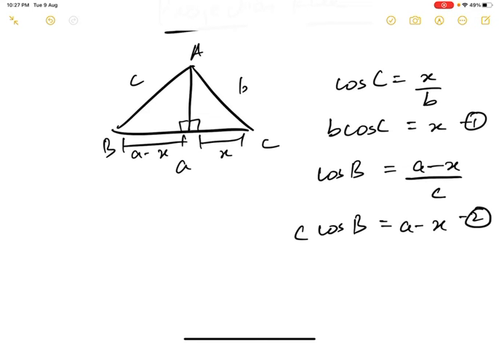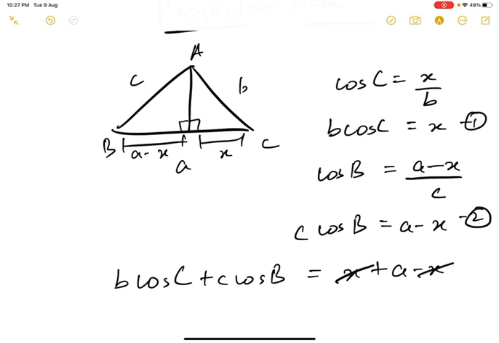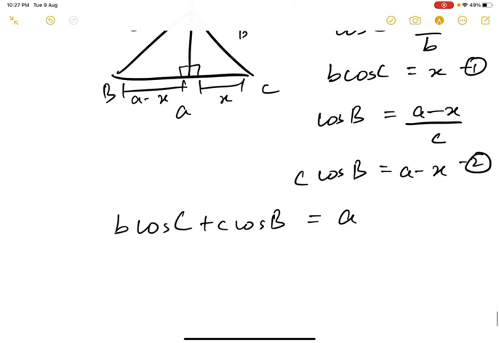Now add both the equations, you will have b cos c plus c cos b is equal to a plus a minus x. So can I just say it is equal to a? So it is just equal to a. So similarly, from this pattern, I can say that a cos b plus b cos a is equal to what?